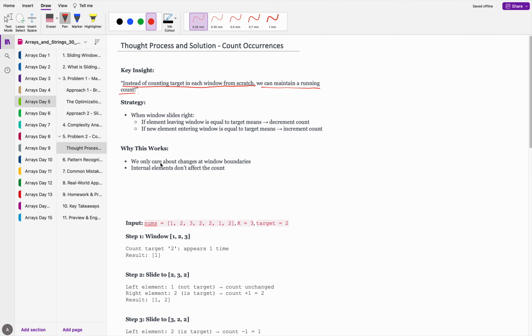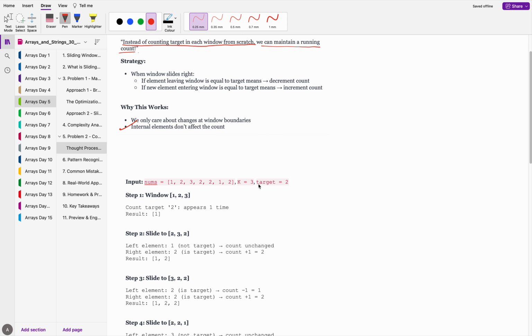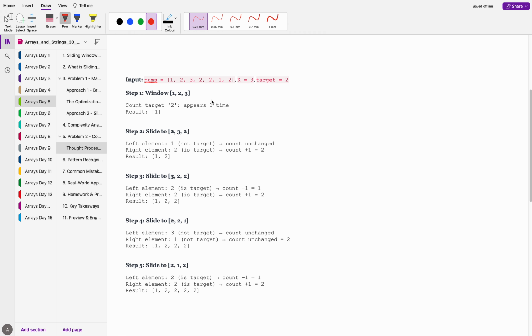Why this works: we should only care about changes at window boundaries. Internal elements don't affect the count, yes, because those are just nothing more than repeating elements. ये बहुत important है. Okay, so let's see here, though I showed you earlier, but again let's see in the formal way. First window 1 2 3, count target 2 appears one time, result is 1.